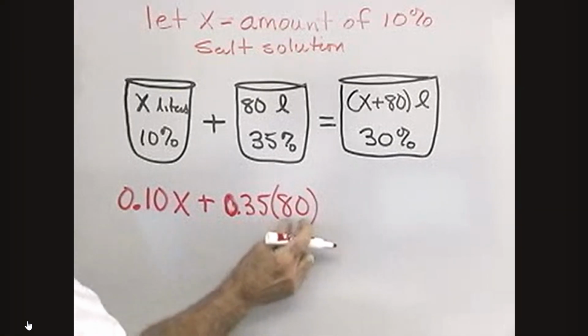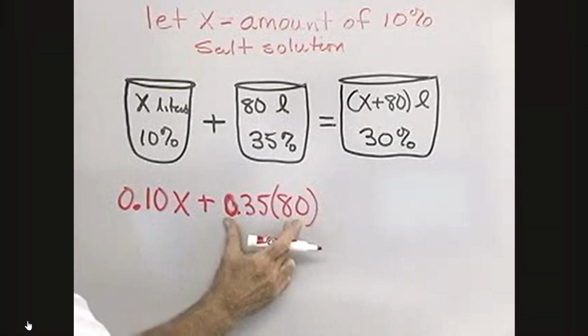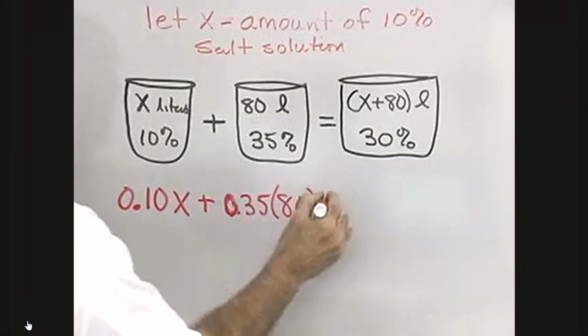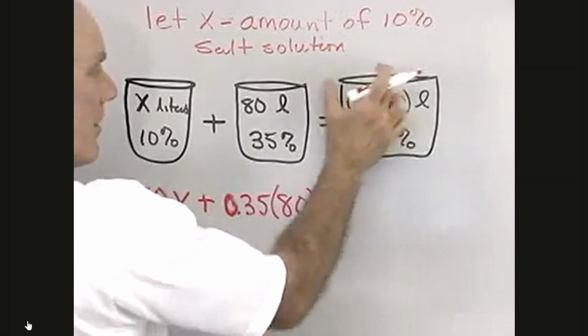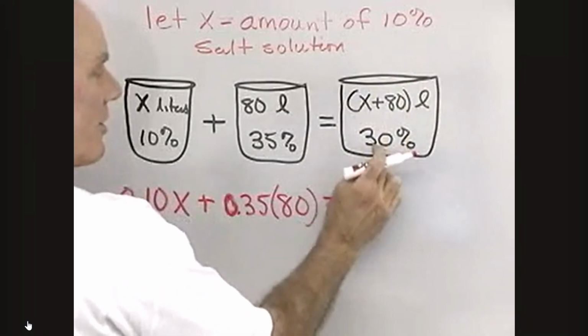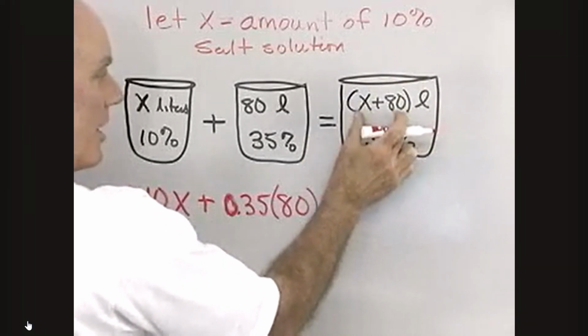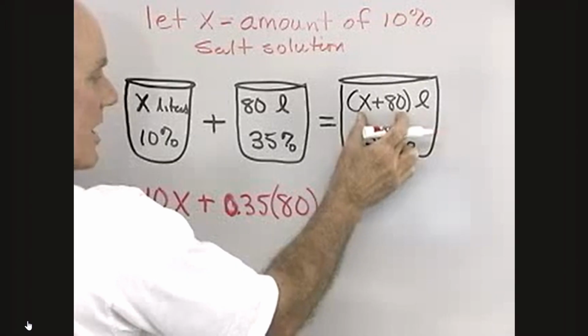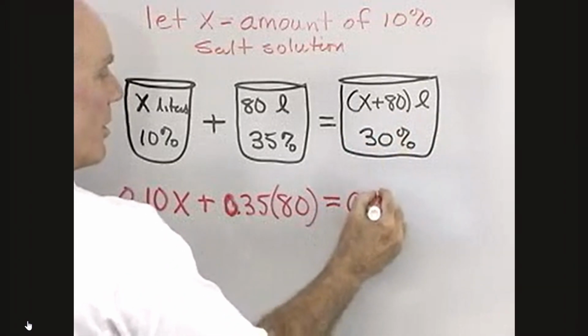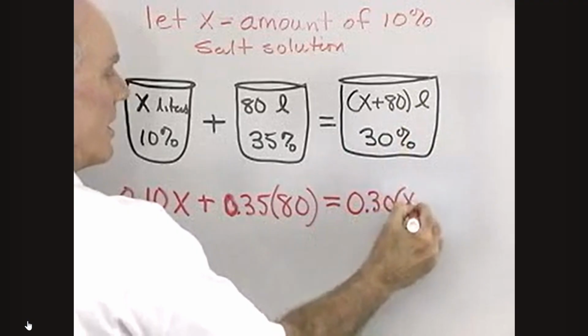So 35% of this 80 liters must be the amount of salt in this solution. That has to come out to be the amount of salt over here. 30% of this is salt, and the number of liters of solution is x plus 80, so 0.30 times x plus 80.